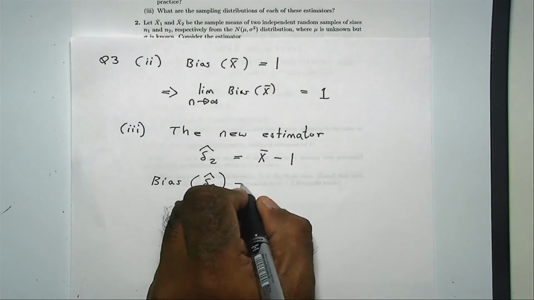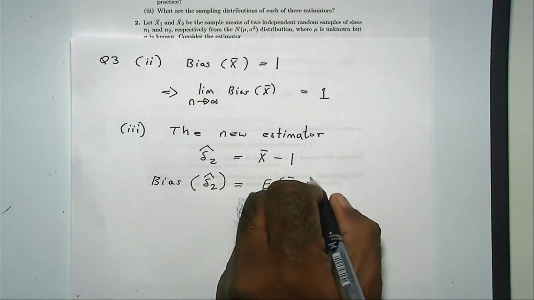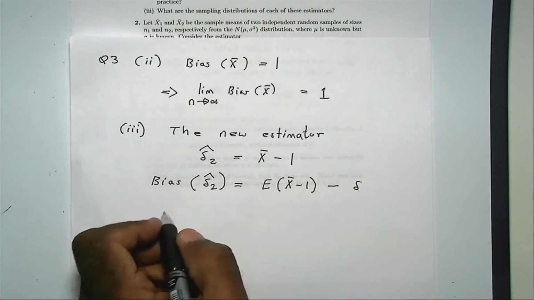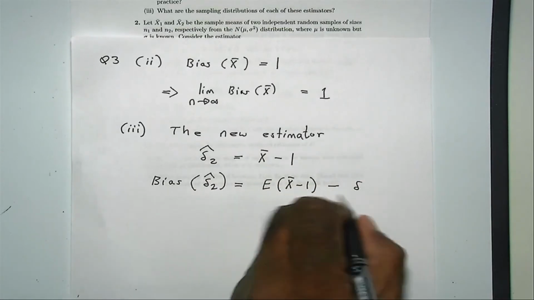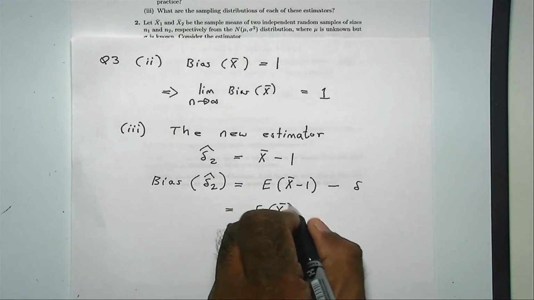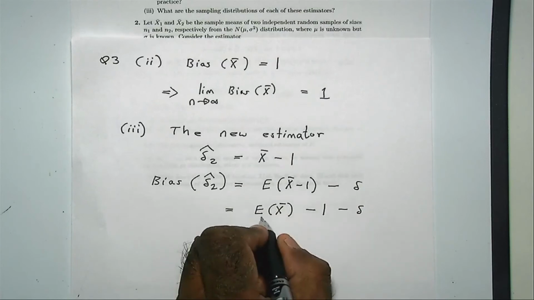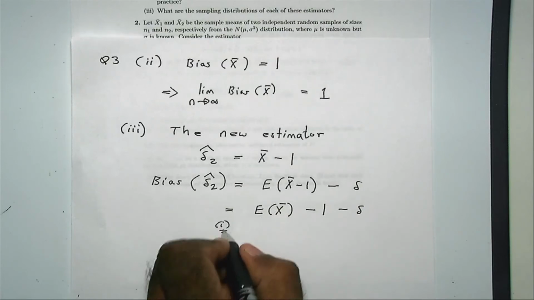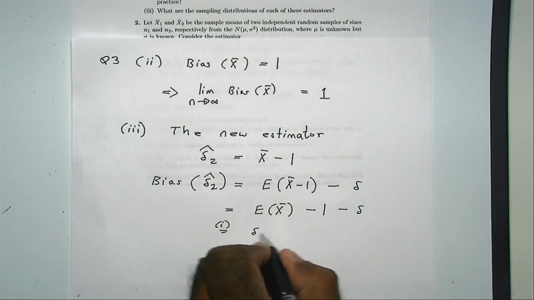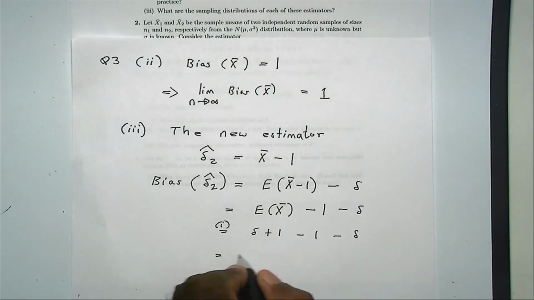The bias is the expectation of x bar minus 1 minus delta. From part 1, we know that the expectation of x bar is delta plus 1, so this is 0.